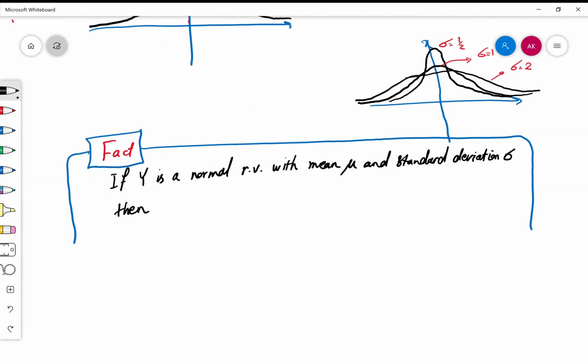How? It's enough to subtract mu from Y and then divide it by sigma.